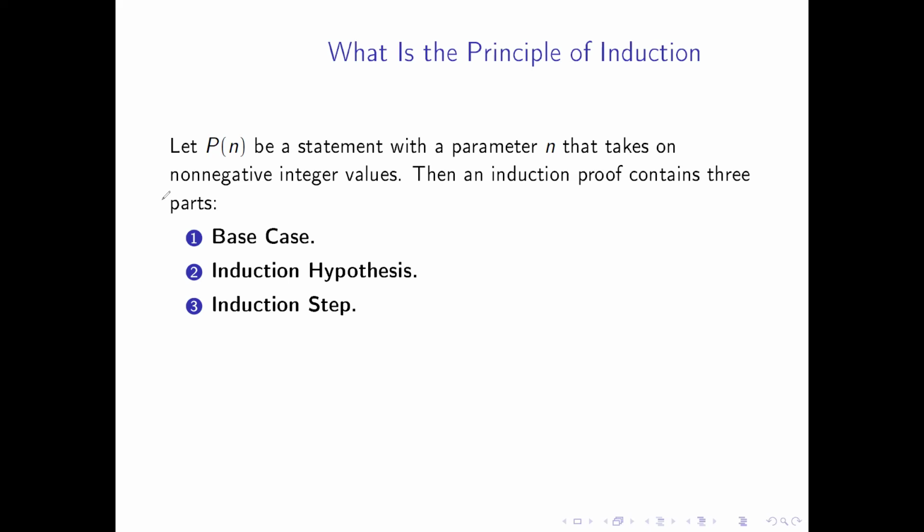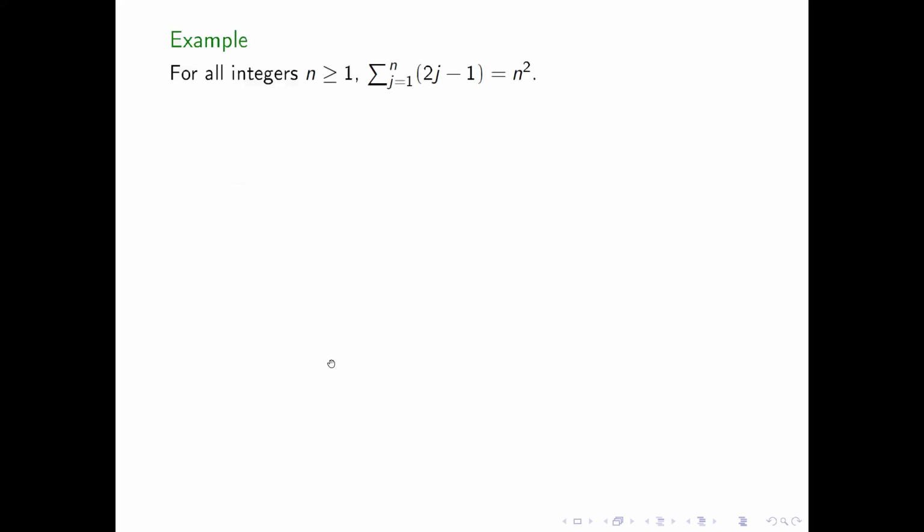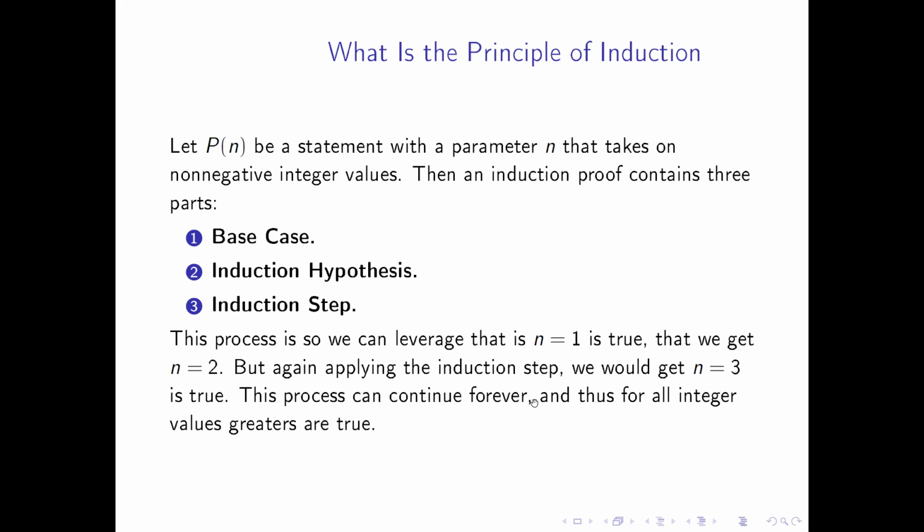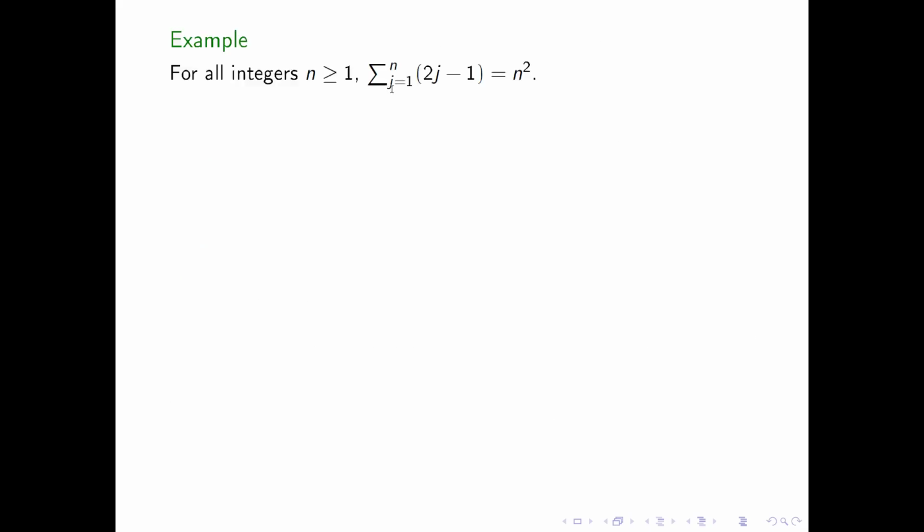Let me demonstrate this with a really nice example. We're going to show this summation is true. My summation notation is a little bit different just because of formatting, but this is my lower index, and my index variable for the summation is j.